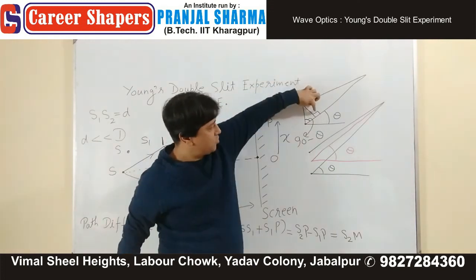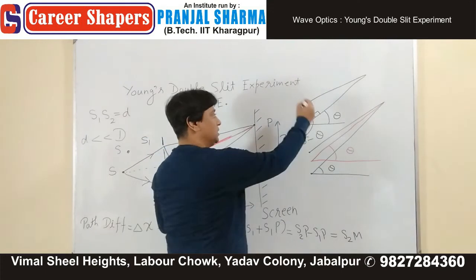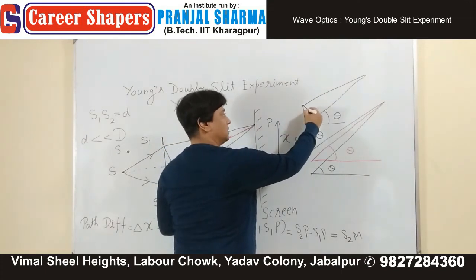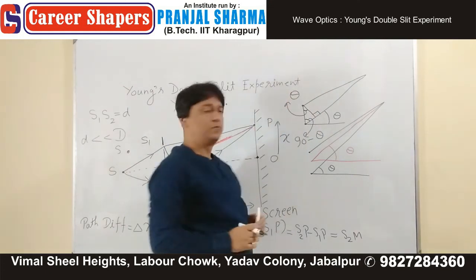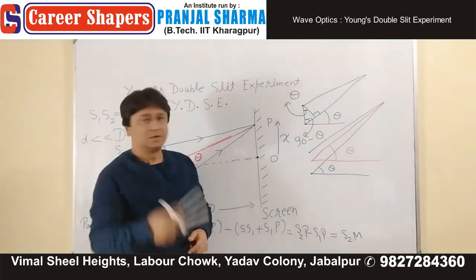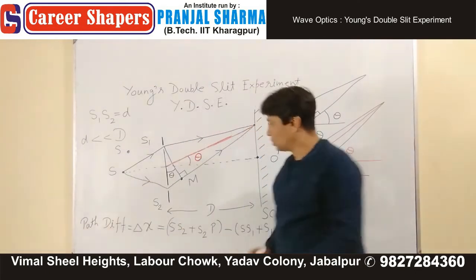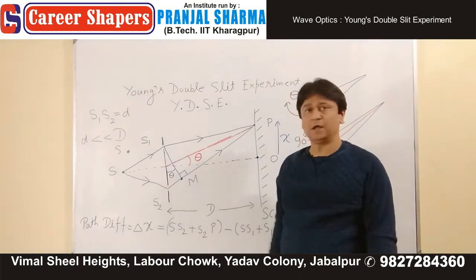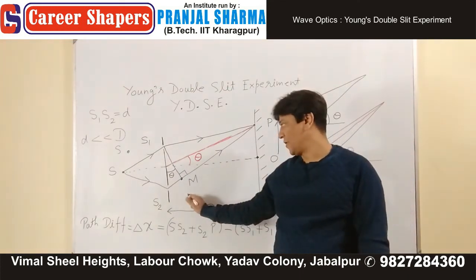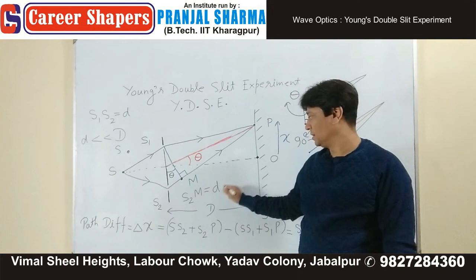Now, we have dropped a perpendicular and therefore this is nothing but theta. Simple geometry. So this angle is coming theta. If this is theta, then S2M is simply d sine theta.